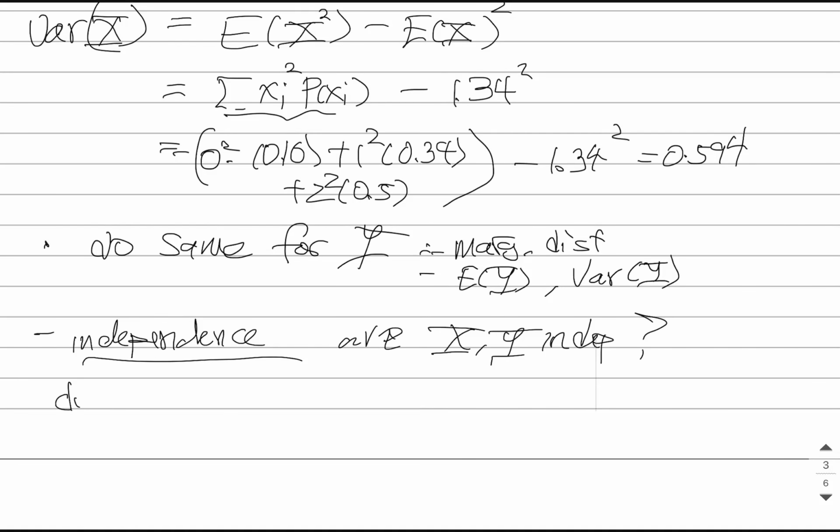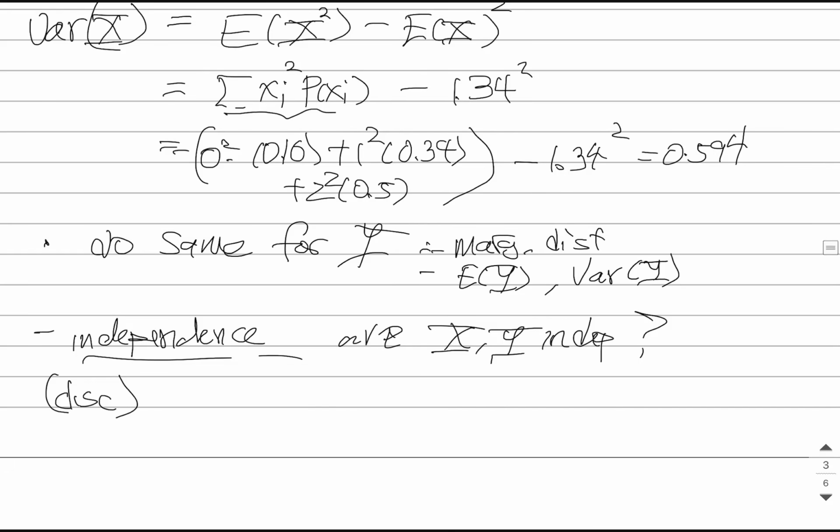For the discrete case, we are going to define independence as follows. If you take the full mass function, we call this the joint density.